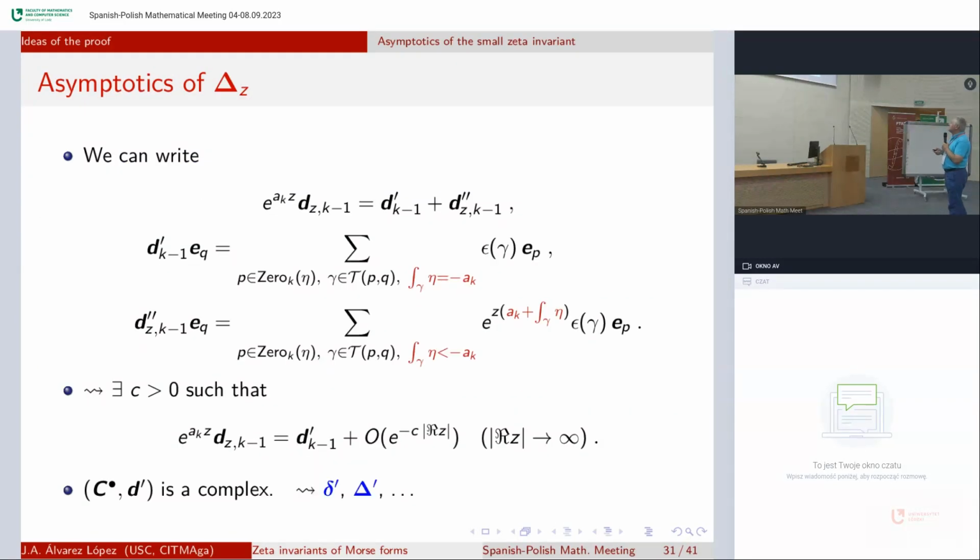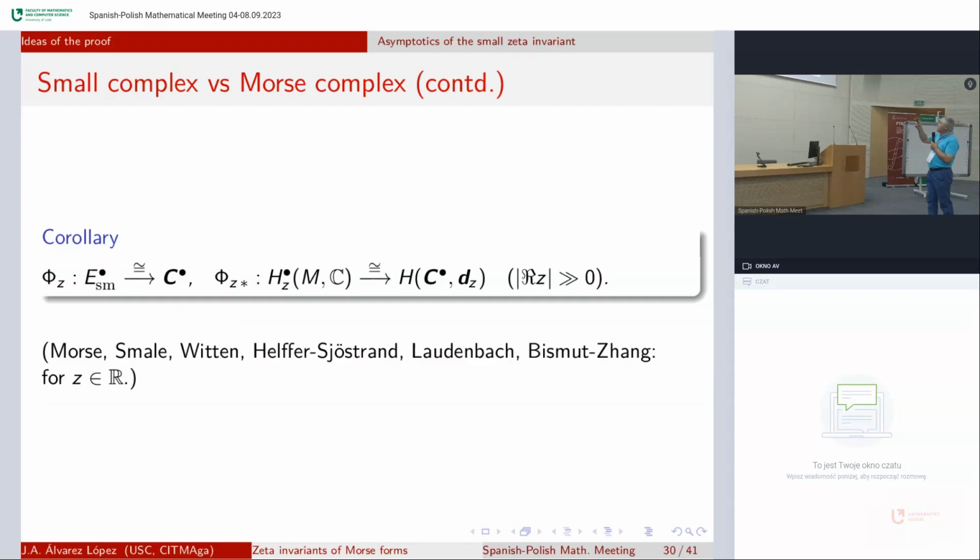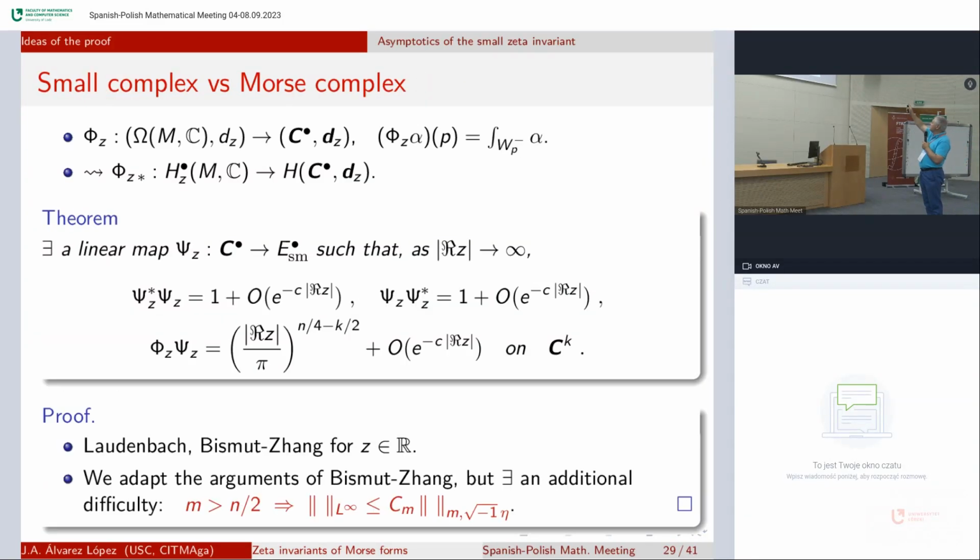There is this theorem that the integration on the unstable submanifolds defines a chain map from the Witten's complex to the twisted complex or Morse complex, and so it also induces a map in homology, and there is a theorem showing that there is something like an inverse, which is almost unitary as the real part of the parameter goes to infinity.